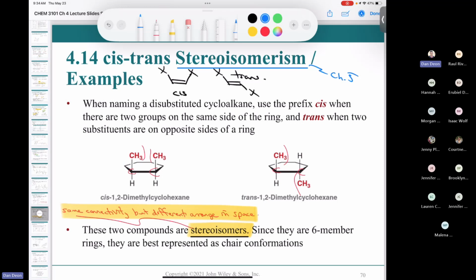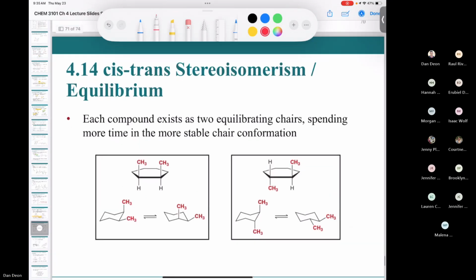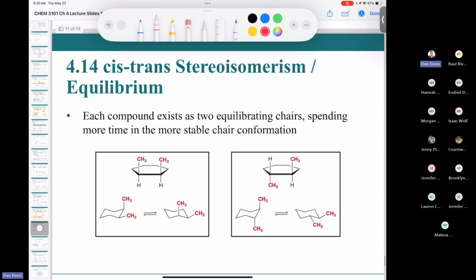Again, they have the same connectivity. The order that the atoms are connected is identical, but the way that they're arranged spatially in 3 dimensions, so in space means the same thing as 3 dimensions, is different. So that means they are stereoisomers. If we take a look at the cis compound, cis-1,2-dimethylcyclohexane, and you look at these two chairs, there's no difference between the two.